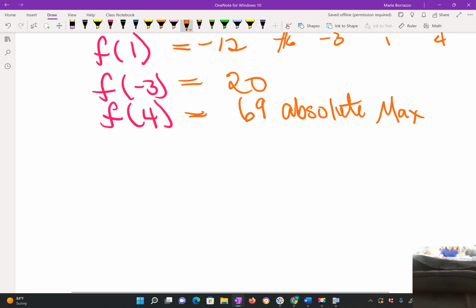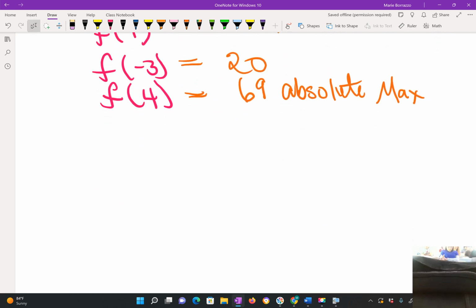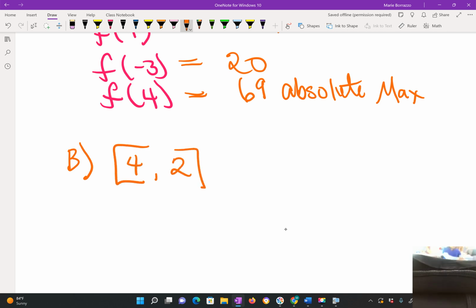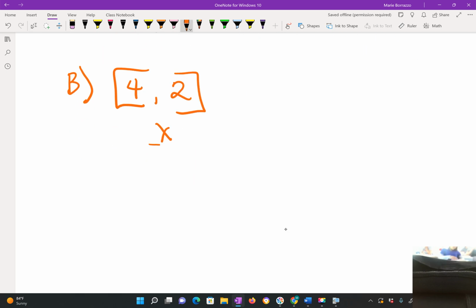All right, we're going to repeat the same process, but now we're going to look at another interval, same equation. This is the interval negative 4, 2. See what you get for that one. Here are your x values to use, and this is f of x.